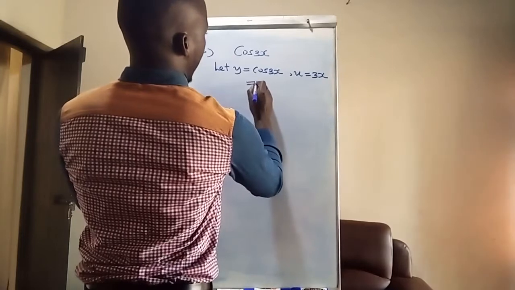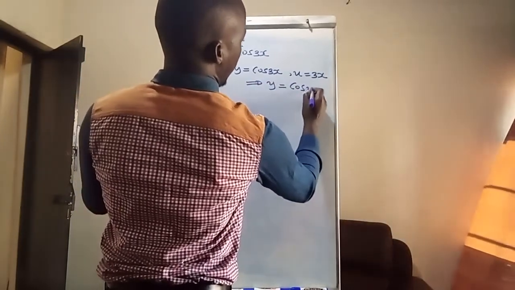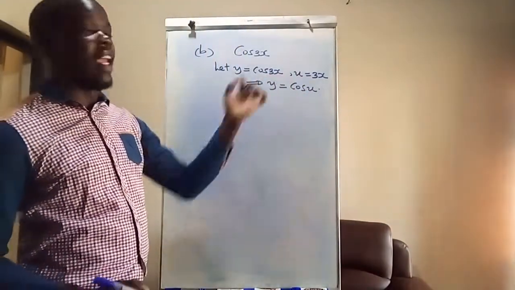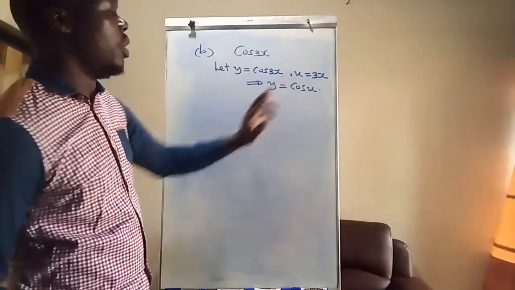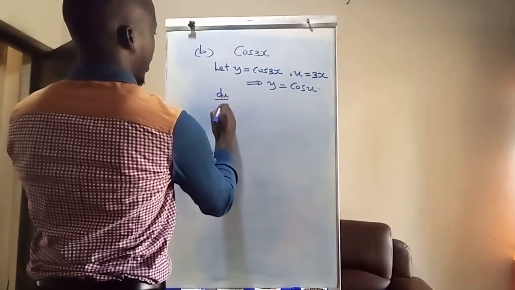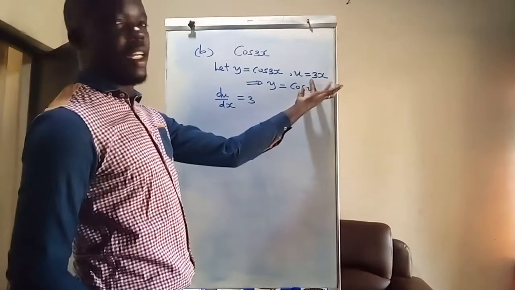What does that now imply? That now implies that y becomes cos of u, because u has now been called our 3x. Then we differentiate this function with respect to x, so I will have du dx giving me 3. When you differentiate 3x, you get 3.